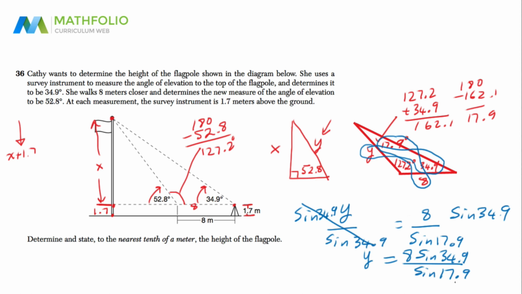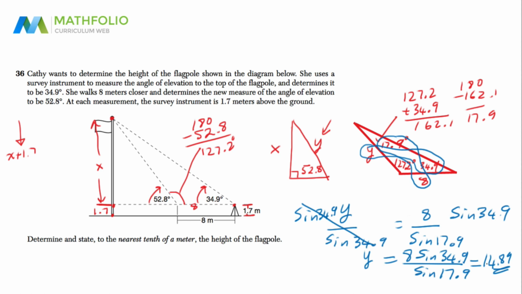So I'm going to grab my calculator and do 8 sine 34.9, which gives me 4.577. I'm going to divide that by sine 17.9, and that gives me a distance of 14.89.